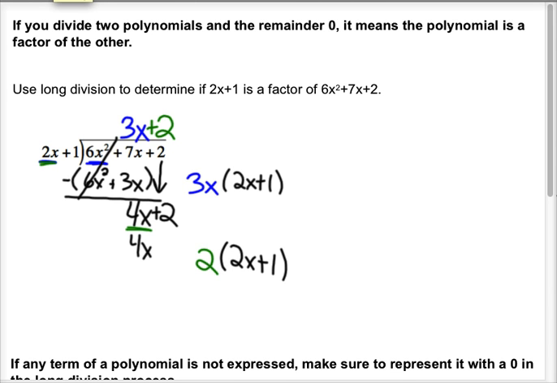That's going to give me 4x plus 2. And now we need to see how close did I get. Well, 4x minus 4x, 2 minus 2, that actually does give me 0, okay? A remainder of 0. So that means yes, 2x plus 1 is a factor of 6x squared plus 7x plus 2. Because our answer just looks like that, has no remainder.